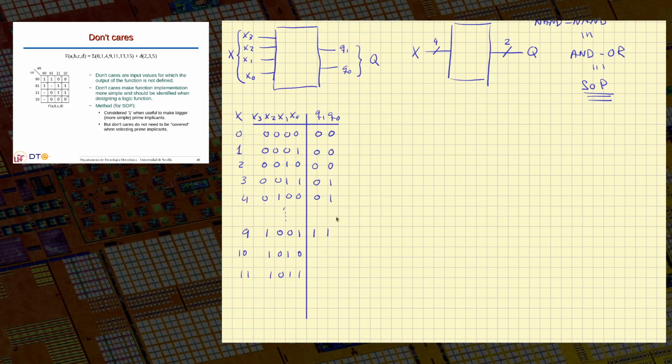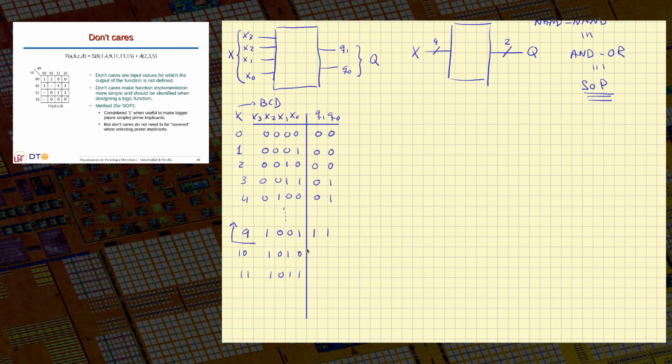But here we have to consider that x is a BCD digit. It means that it will have values up to 9. So these are input combinations that my variable will not take. If the circuit works properly, it will never take those values.